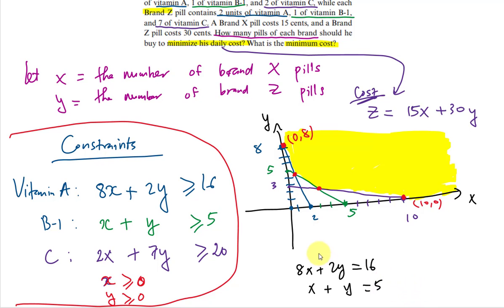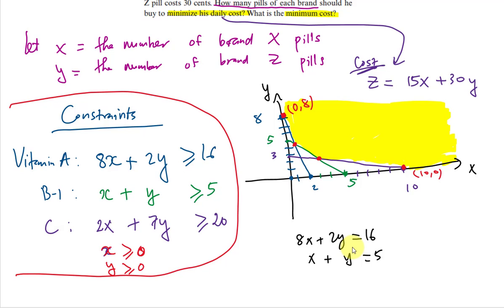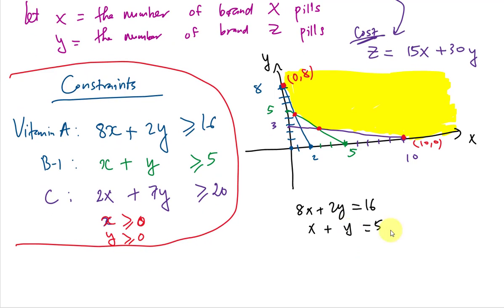So I can quickly solve for that. You can solve this system of equations for x and y. So maybe I can multiply by -2, right? So that will give me 8x plus 2y equals 16, and -2x, -2y equals -10, and I can add them together, which cancels out the y term. 8x minus 2x is 6x, equals 16 minus 10, that is 6.